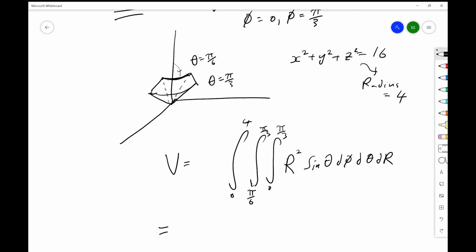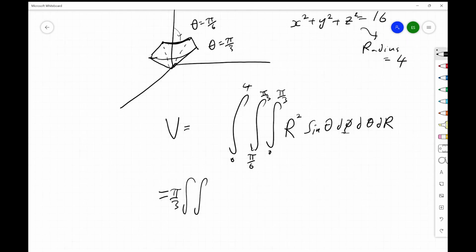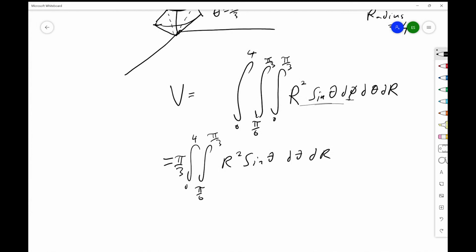So this is going to be, I guess we can start with d phi. There is no d phi, right? So this is going to be pi over 3 simply, because there is no phi here, so it's going to be a constant. Then r squared sine theta d theta dr. We know how to integrate sine, right?